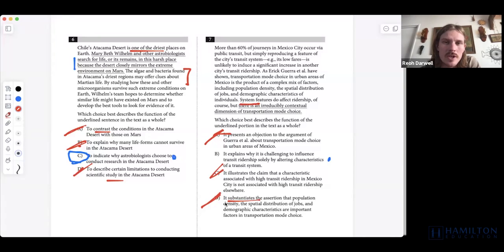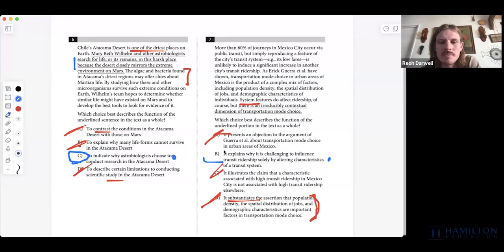If you chose D, you're probably on the right path of saying, okay, this has some sort of relationship to this information here. But this is a recycled language distractor, and that this recycled language is there, but it doesn't answer the question, right? It says, what is its function? Well, it doesn't substantiate. We're not getting information here that proves a claim, which is what it means to substantiate.